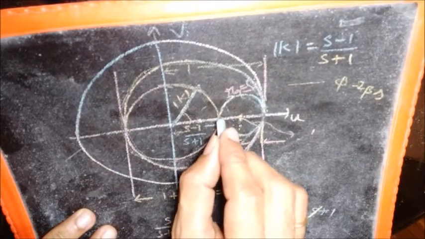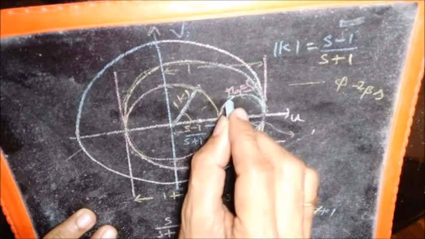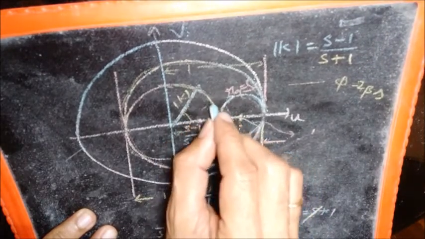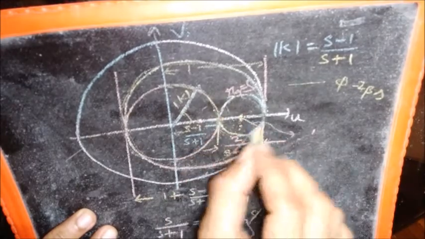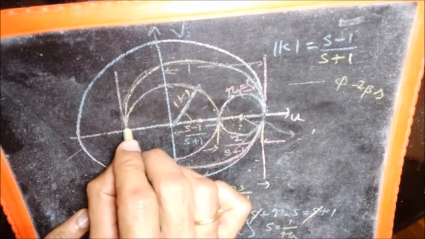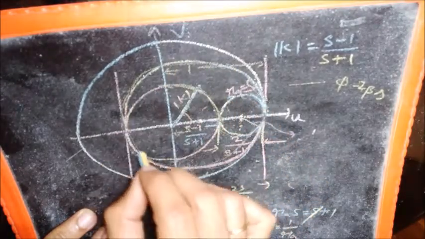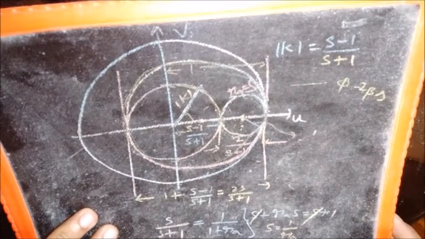If you are finding it from the circle which is coinciding with this circle, then S is equal to this RA. If you are trying to find it from here, then S will be 1 by this RA. That is what we observe here.